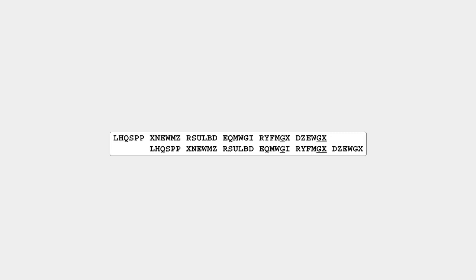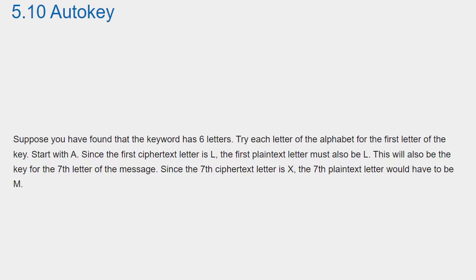The index of coincidence, described in section 5.7, can be used to determine the length of the keyword. The index is often dramatically higher when the ciphertext is offset by a multiple of the key length, like this. Suppose you have found that the keyword has 6 letters.